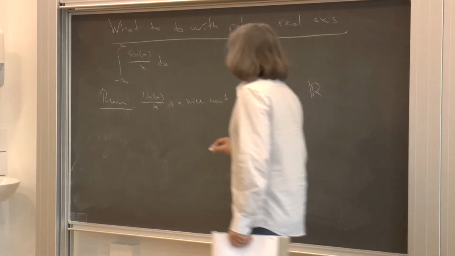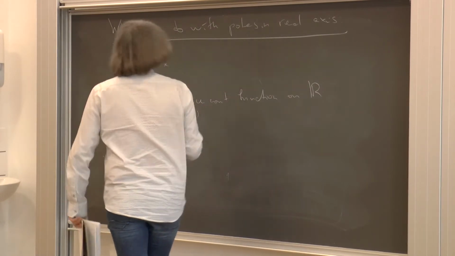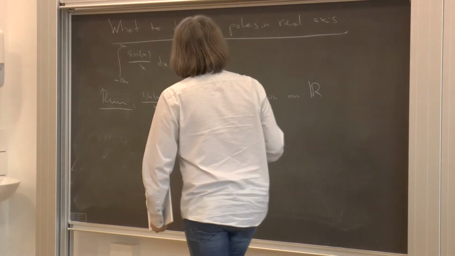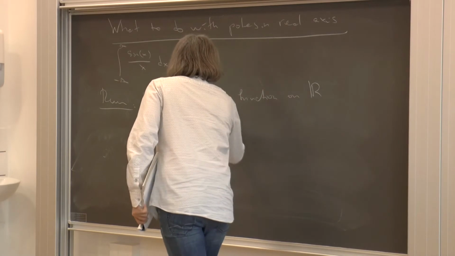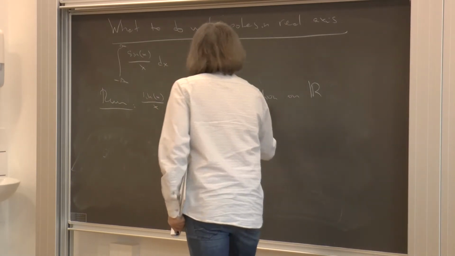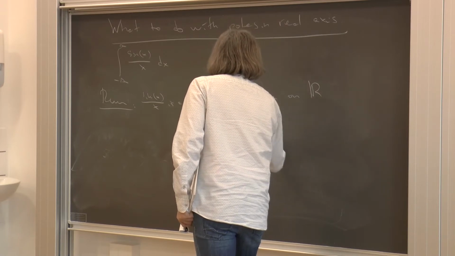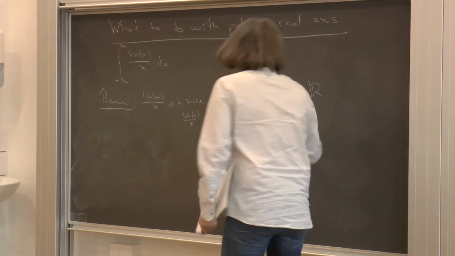However, sine of x over x is, of course, the imaginary part of e to the i z over z on the real line.